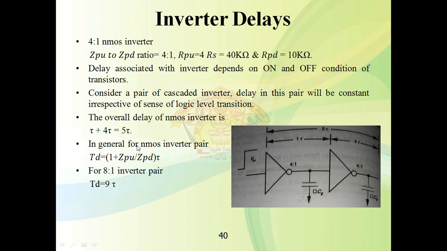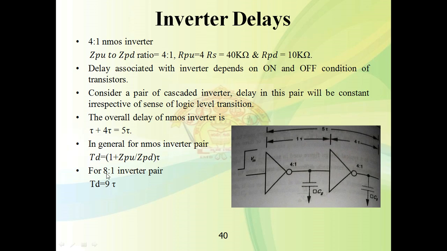This is in case of nmos inverter. In general, for nmos inverter pair, time delay is equal to 1 plus Z pull up to pull down ratio, into tau. Now let us suppose for this 4:1 inverter, 4 by 1, you will get 4 plus 1, that is equal to 5 tau, it is for 4:1 inverter.